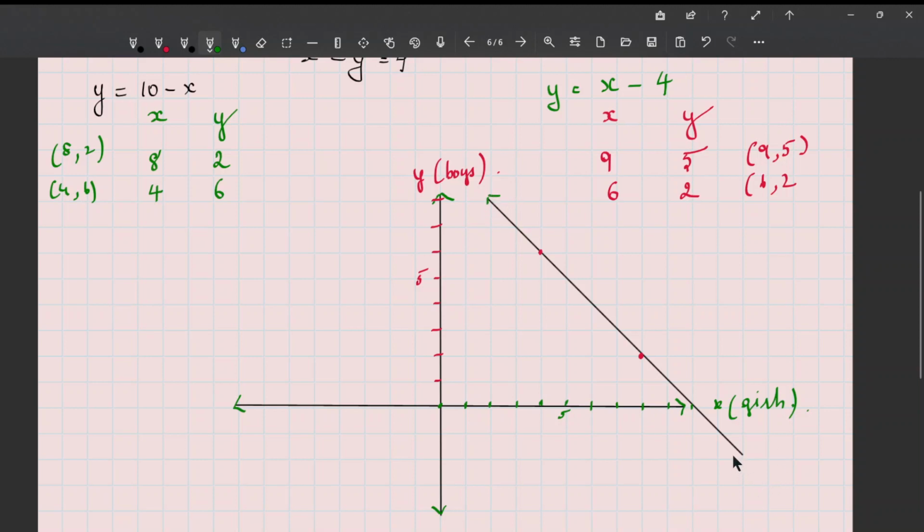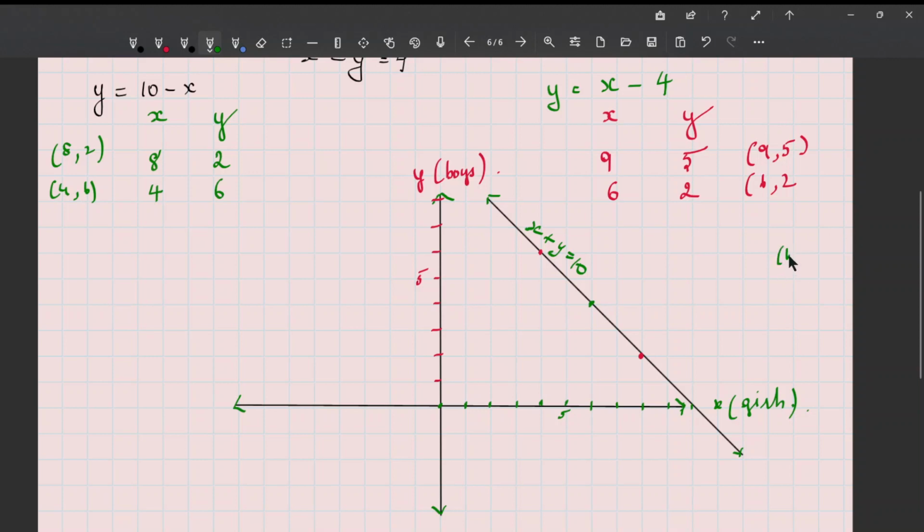So what does this represent? x plus y is equal to 10. And what does it show? The first equation says that if you take any point on this line, for example this point, it represents 6 on the x-axis and 4 on the y-axis.